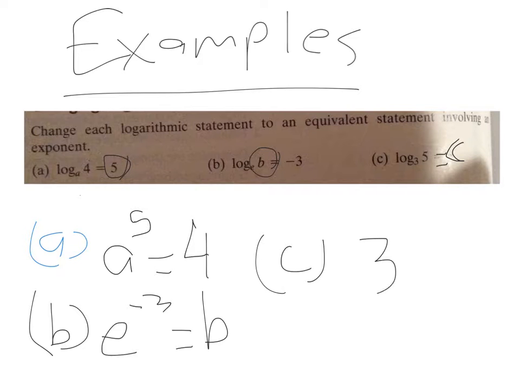So it'd be 3, since the base of the logarithm and the base of the exponent are the same, and whatever the logarithm's equal to, which in this case is c, that would be your exponent, and then the exponential function is equal to the input of the logarithm, so it's equal to 5.